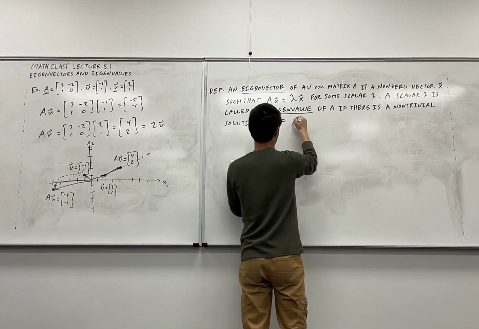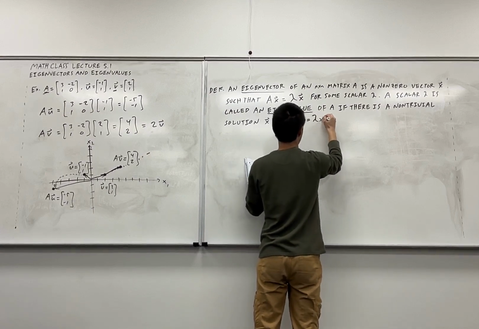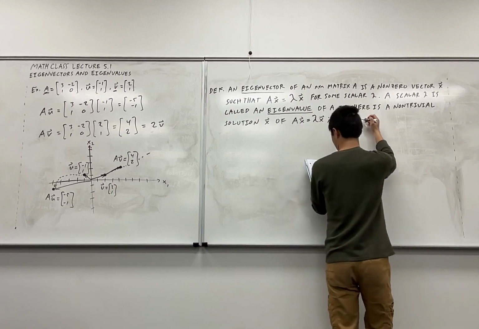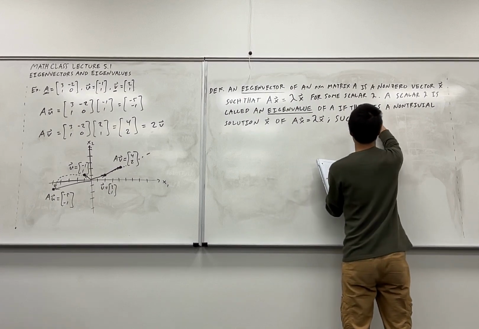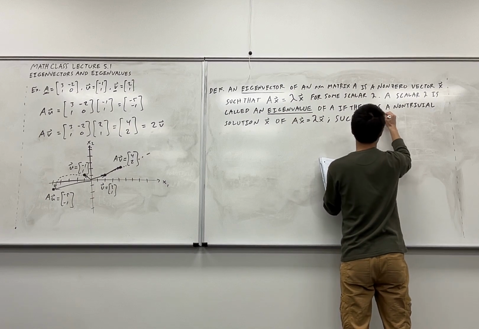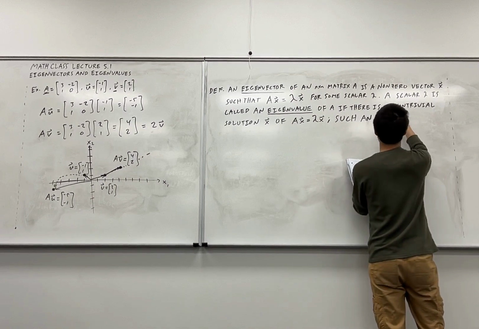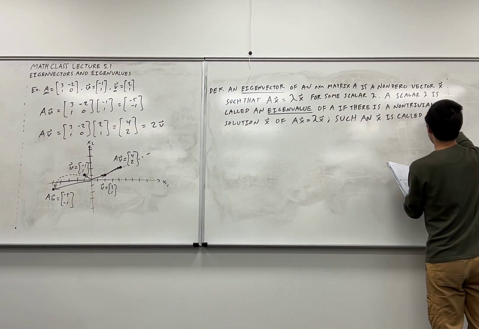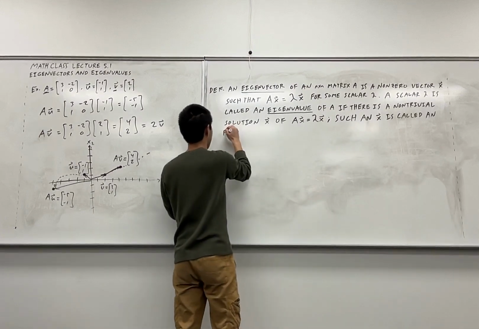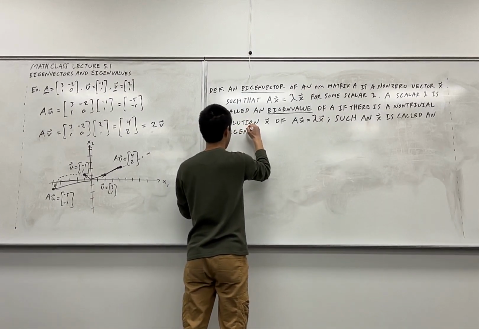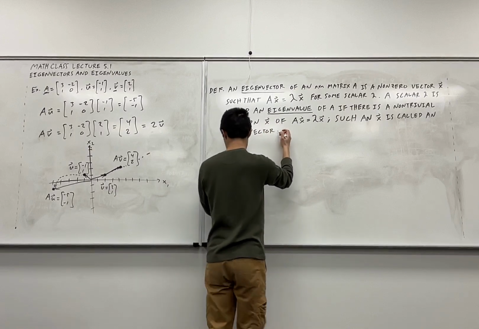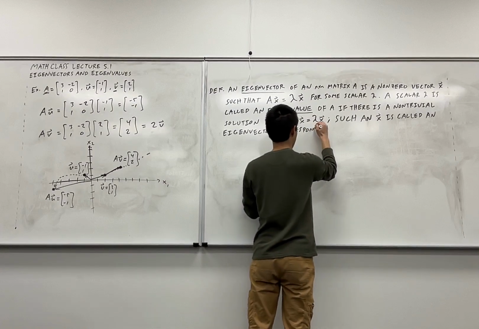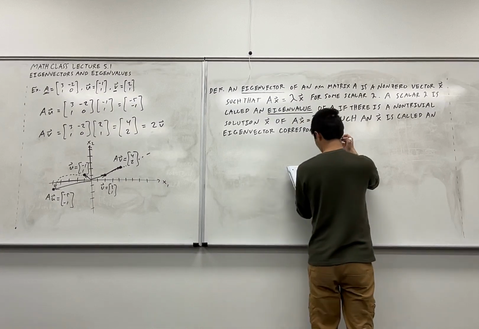of, and then again, here's this equation. Ax equals lambda x. And then we also have, we can say such an x is called an eigenvector corresponding to lambda.